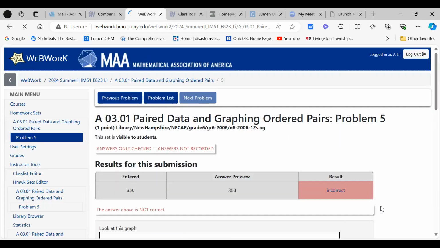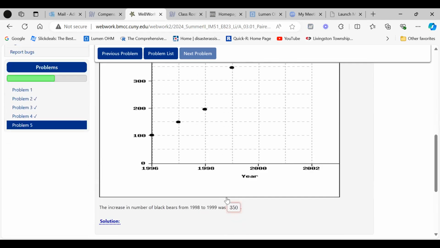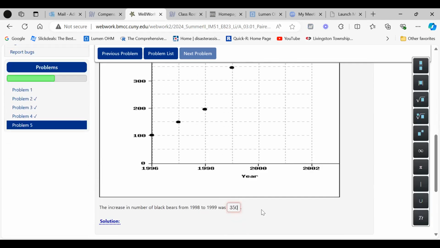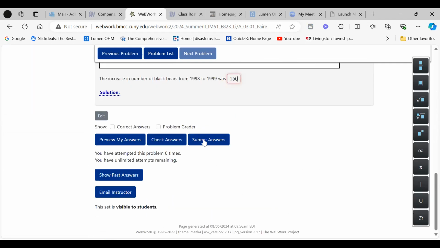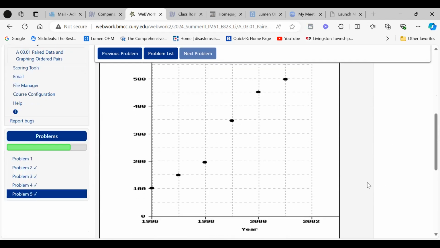Oh, but it's how many was increased, not how many in total. Increase, right. So 350 minus 200 is going to be 150 bears increase. Very good. Good catch.